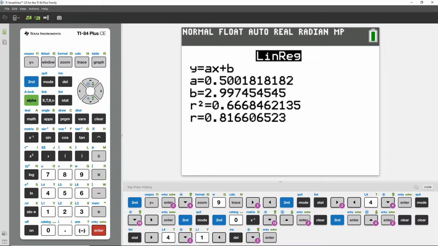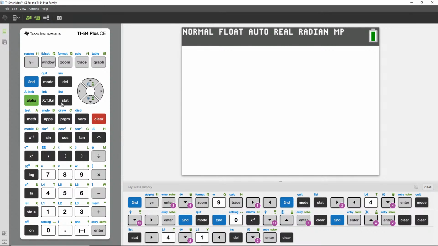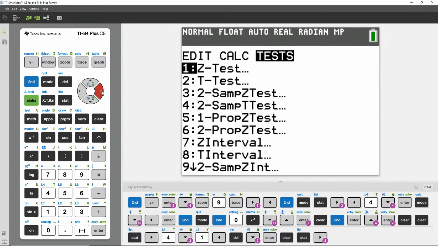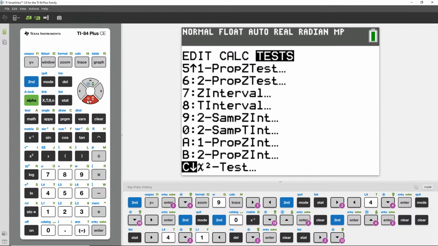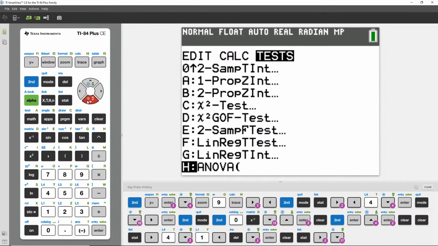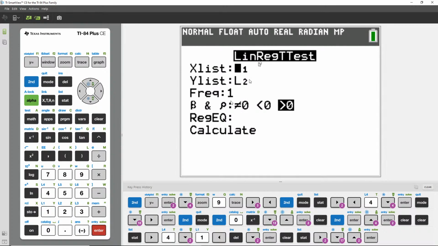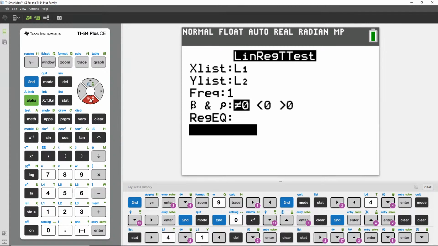Now, there's actually another way to do this. If you go into stat, but this time conduct a test, you actually carry out a linear regression test. It's one of the very last things, F. Just leave it all like that. You can actually change this to not equal and just hit calc.